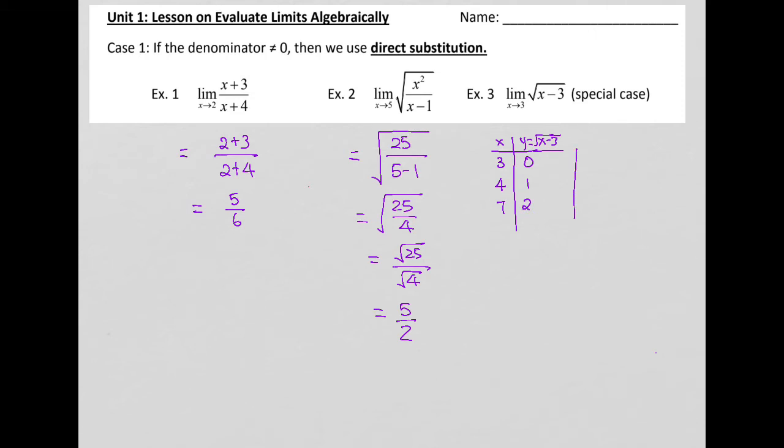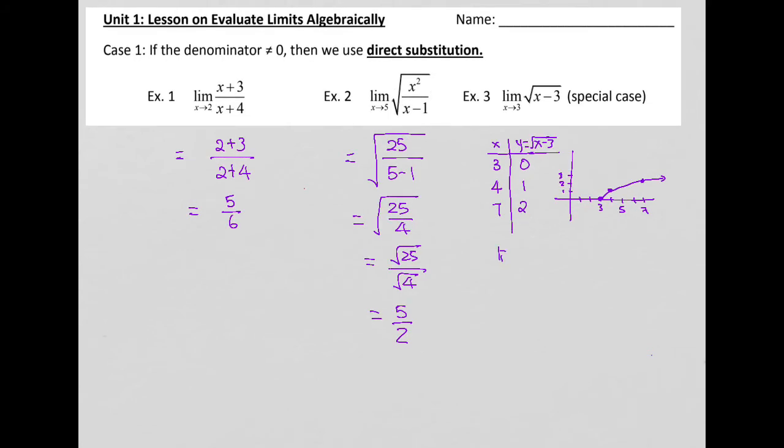So if you look at the function, 3 is 0, 4 is 1, 7 is 2. As you can see from this square root function, there is no left-hand side limit when x approaching to 3.